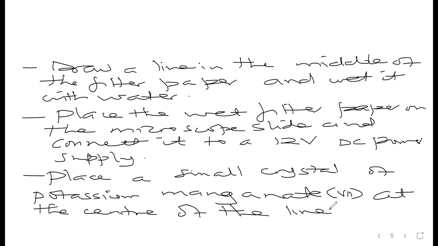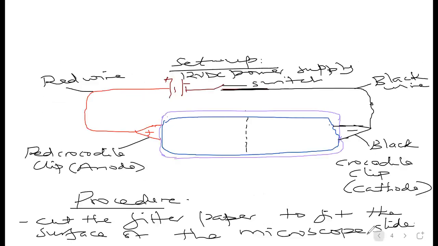Remember, this potassium manganate 7 is purple. So you're going to get a crystal of it and place it in the middle here of the line. That's where your crystal is.